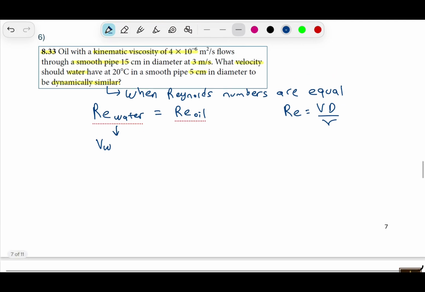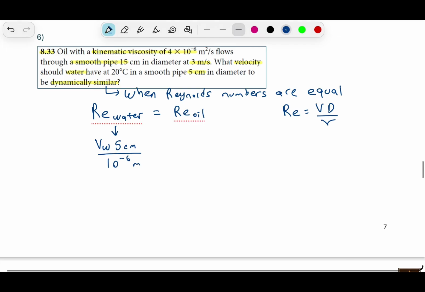We have diameter as 5 centimeters and we have kinematic viscosity, which is 10 to the power of minus 6. You can get this from tables in your textbook for 20 Celsius degree.